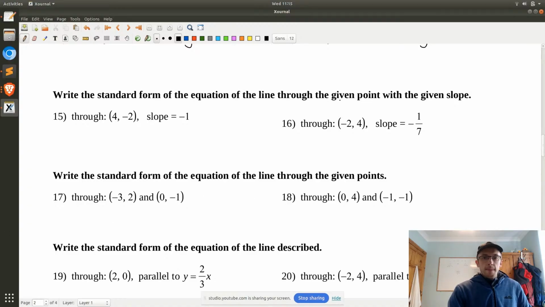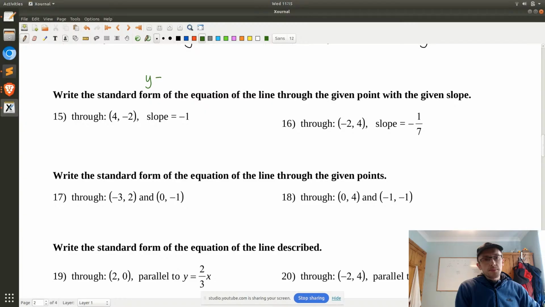Okay. Next up, write the standard form of the equation of the line through the given point with the given slope. Okay. So there's this thing that you do for that.